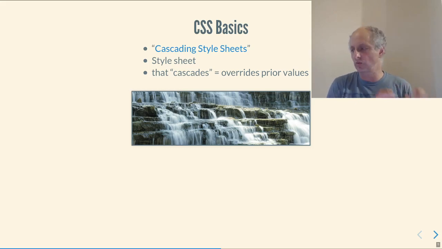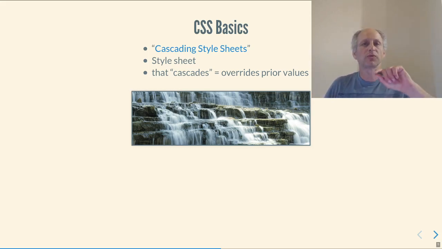The CSS language was developed as a kind of computer substitute for those style sheets. And they're called cascading style sheets because one rule or style sheet definition can override prior values. And in particular, you can have rules for elements and also rules for other units, classes, and other things like IDs.